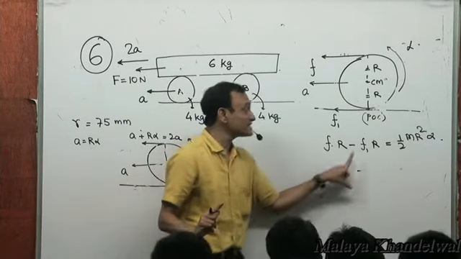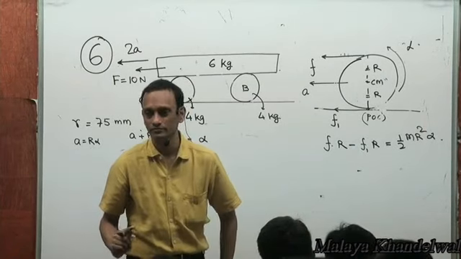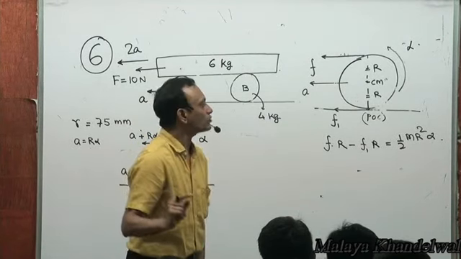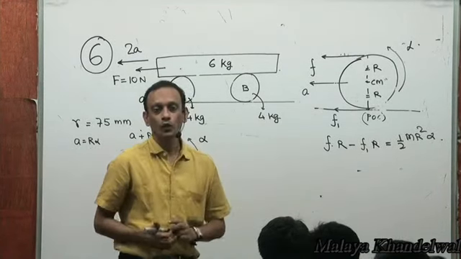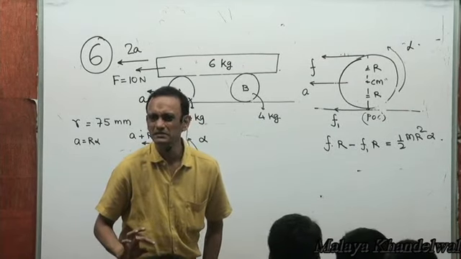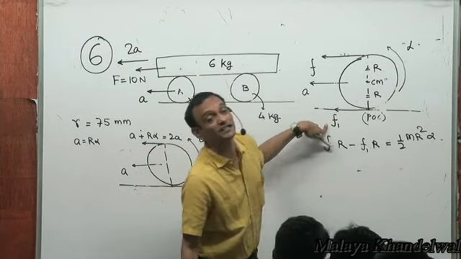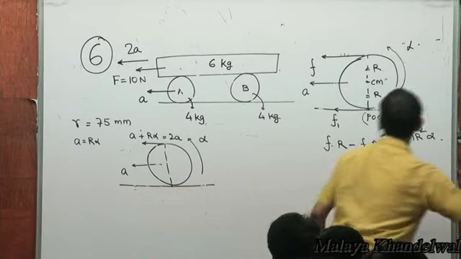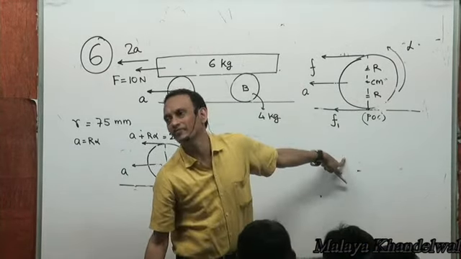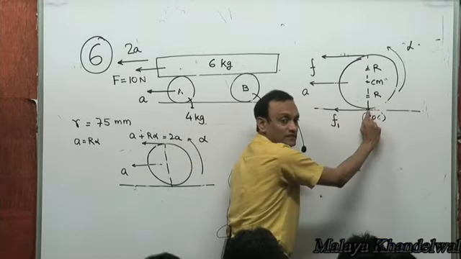But in writing this, there is F1, which is unnecessarily sticking its head out. So is there a way I could obtain alpha or obtain a more convenient equation in which F1 doesn't appear? Yes, take torque about the instantaneous center, then there would be no occurrence of F1. So even though this is right, it is not economically viable. So I would rather take torque about the instantaneous center, which is the point of contact.